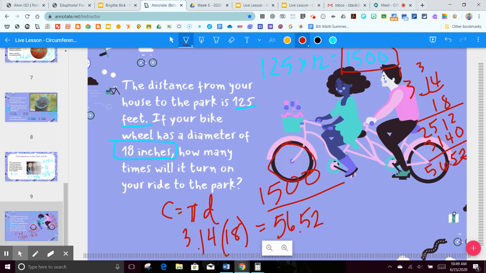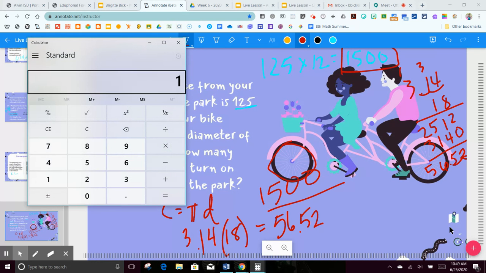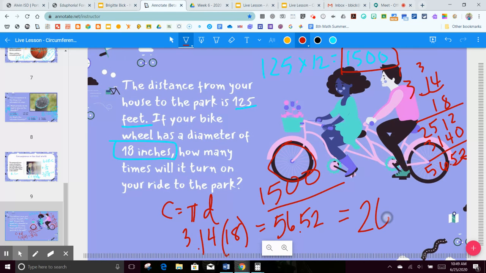And I'm going to spare you the time of the long division and show you that 1,500 divided by 56.52 is 26.5. So her tire is going to have to spin 26 and a half times to get her to the park.